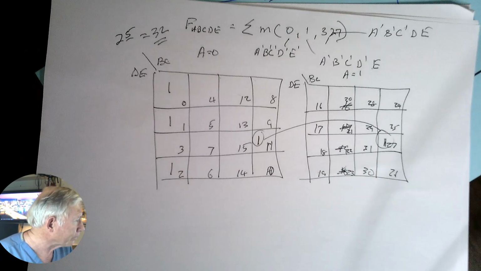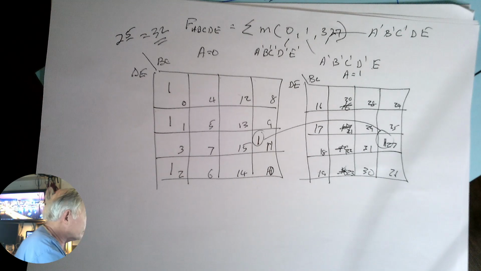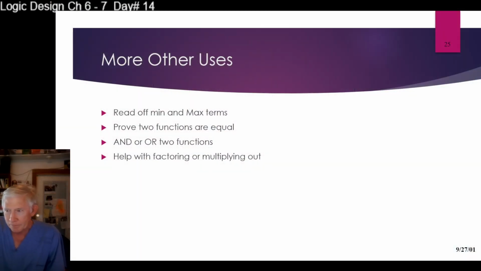All right, so let's go back to the slides. There's other things we can do with K-maps. Let's say we wanted to do a POS to SOP conversion. So here it is.